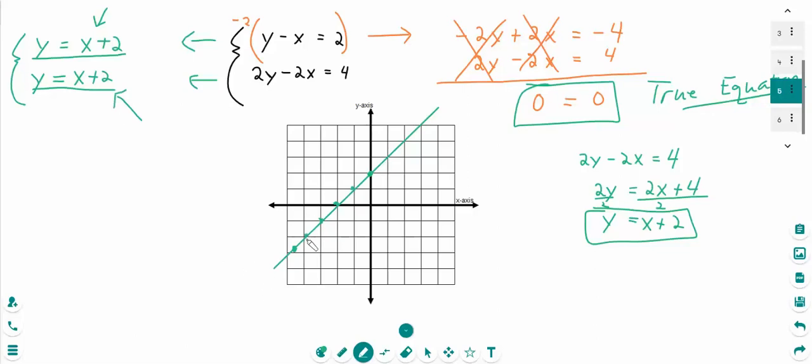So I can pick any point on here, and any one of these points would satisfy both equations. So there are infinite solutions to this particular system of equations. So my answer would be infinite solutions.